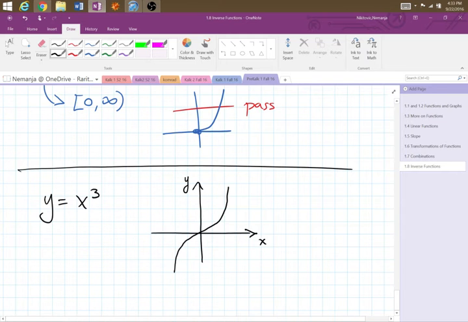Yes. So as soon as you draw this y equals x cubed, you see that it passes the vertical line test, which means that x cubed is a function. So it passed the vertical line test. Awesome. And it also passes the horizontal line test, as you can see, which means that it has an inverse function.